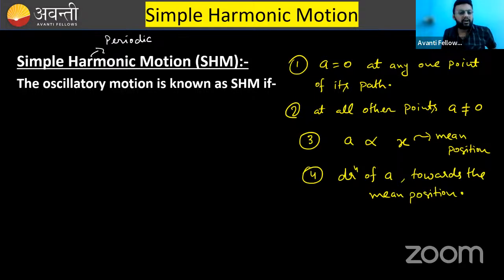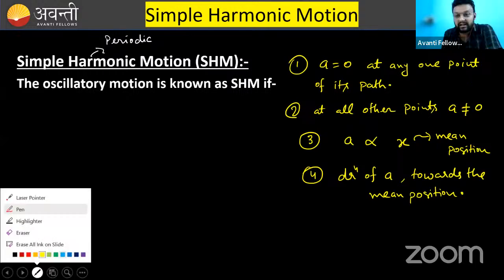So these are the four conditions for an oscillatory motion to be SHM. Remember with me, along its path, there must be a point where acceleration is zero. That point where acceleration is zero is known as the mean position.